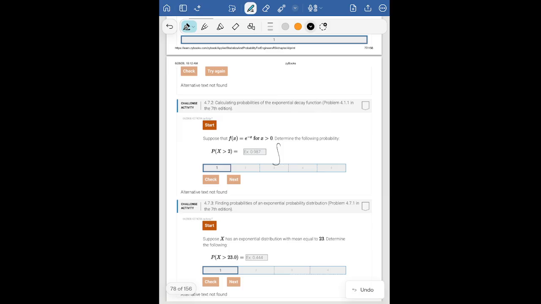But if we know that we're looking at x being greater than 2, then we're really integrating from 2 to infinity of f of x dx, where f of x in this case is e to the minus x.